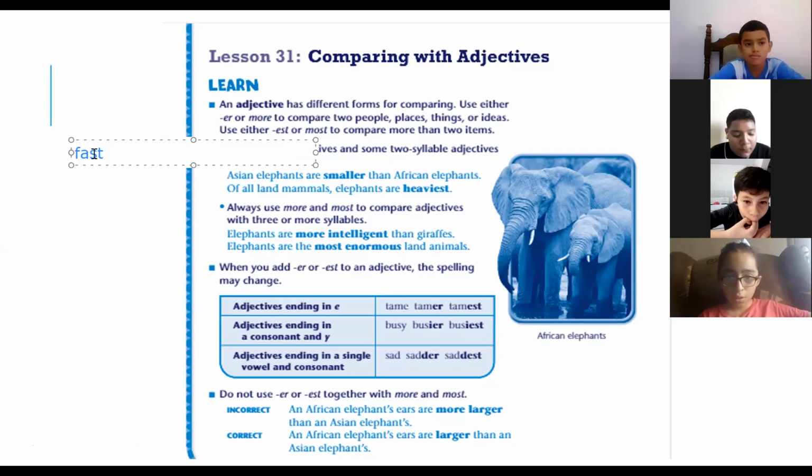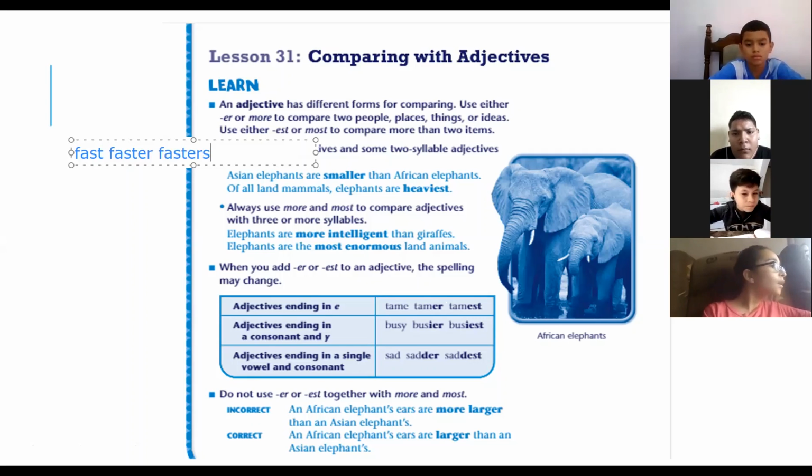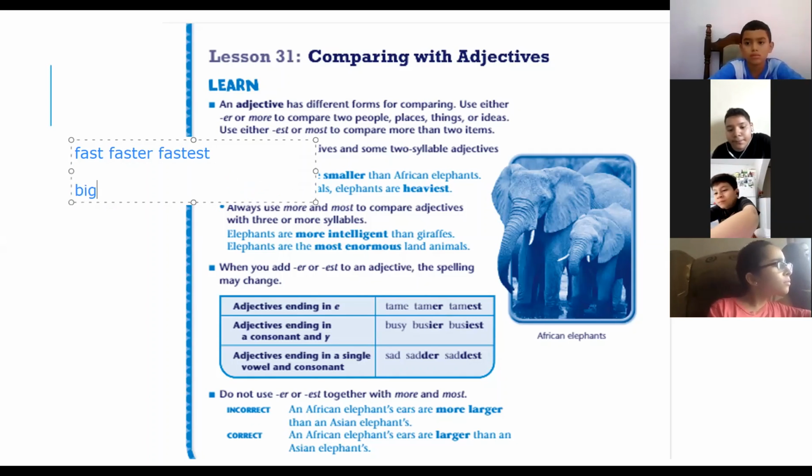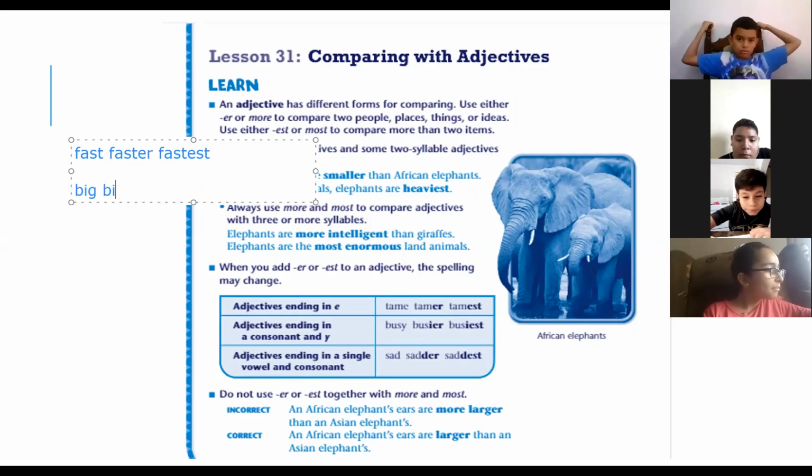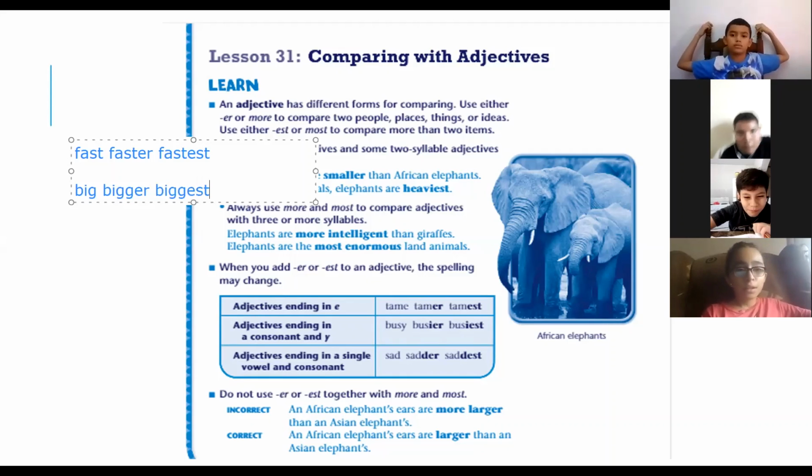As you can see here, fast has two consonants, so we just add the suffix ER or EST: faster or fastest. For example, for big, how many consonants does it have at the end? One, okay? Because it has one at the end, you're going to double the consonant, and it's going to be bigger or biggest.